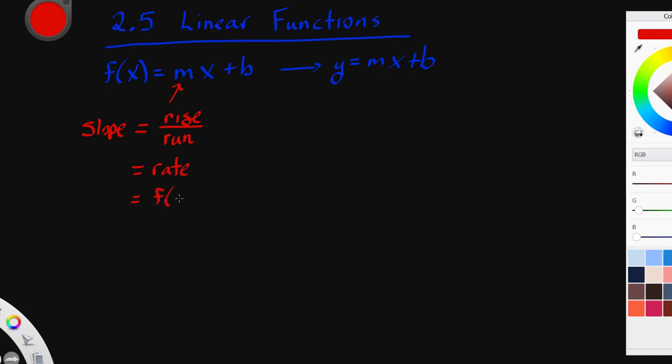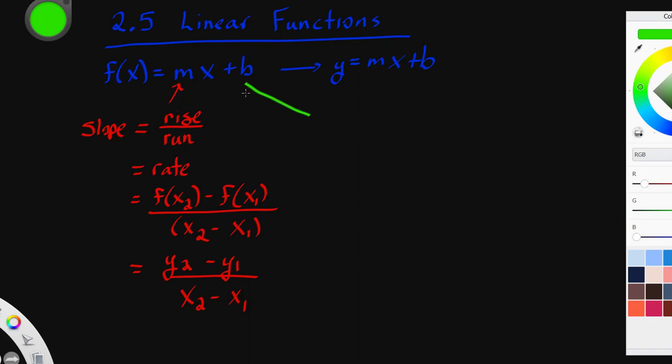As well, if we're given 2 points, we can find the slope by subtracting f of x2 minus f of x1 divided by x2 minus x1, which you've probably seen before, and as we know, f of x2 is the same as y2, f of x1 is the same as y1, divided by x2 minus x1.